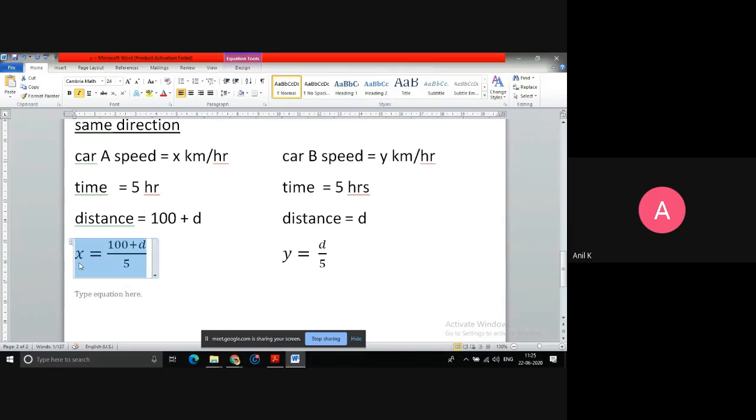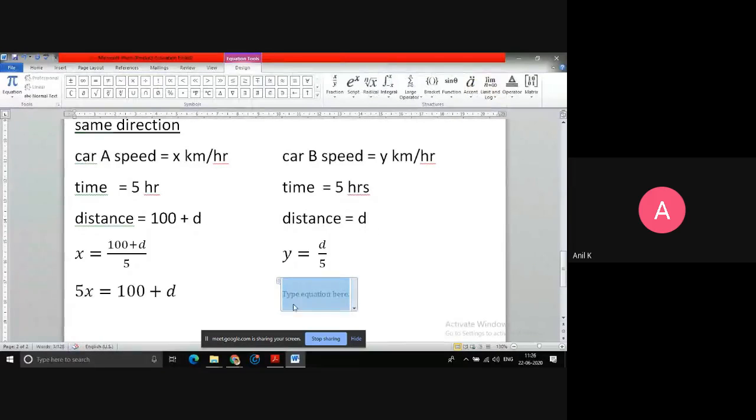If I send 5 to the left hand side, it will be 5x equals 100 plus d. And similarly, if I simplify here, you'll get 5y equals d.